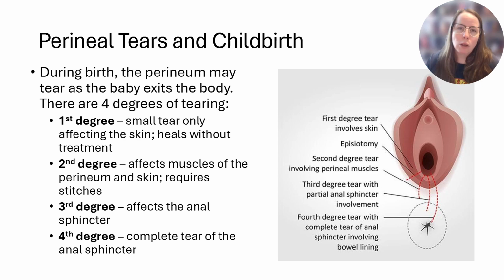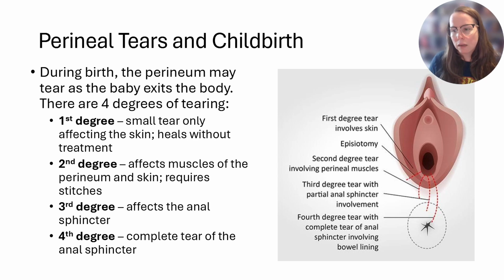Now, you guys have probably also heard of something called an episiotomy. Episiotomies aren't done really much anymore. It's kind of an old school technique, but it was thought that if we preemptively cut the perineum, it will make healing better. We'll cut it, the baby will come out, we'll stitch it all together, and it'll be easier for the woman to heal.